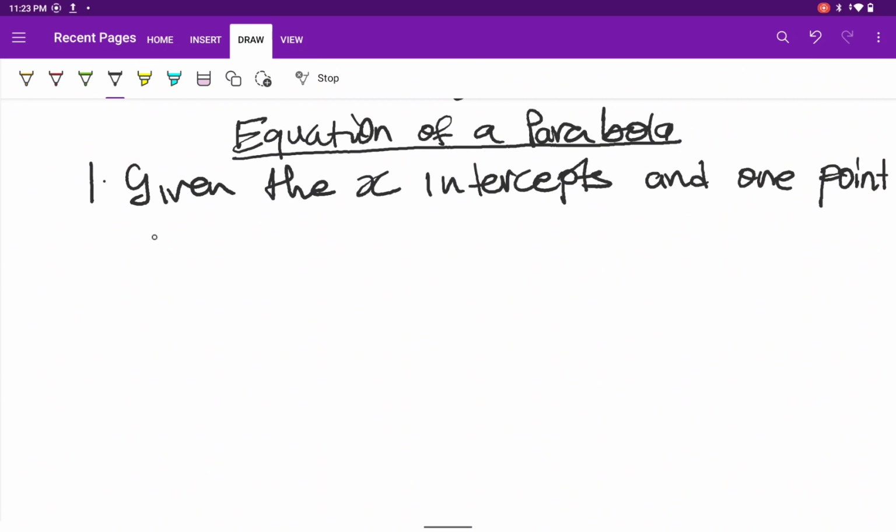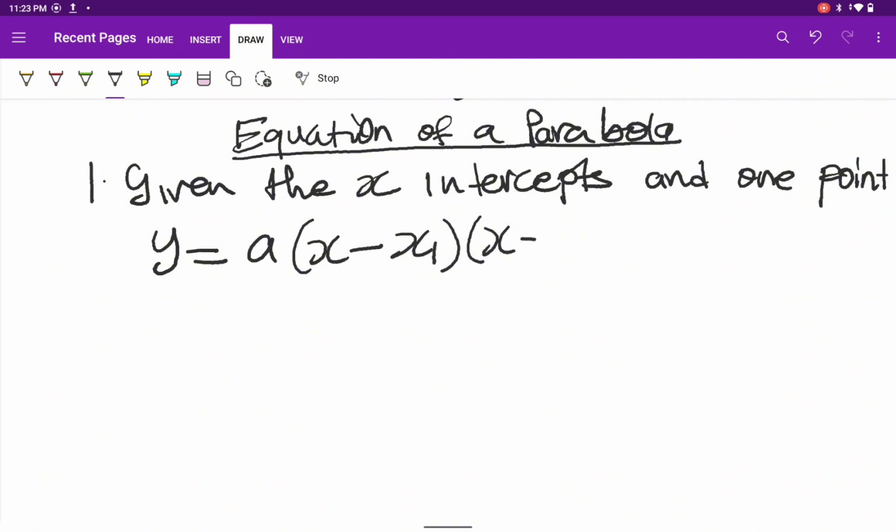So we will use the equation y equals a times (x minus x1)(x minus x2).